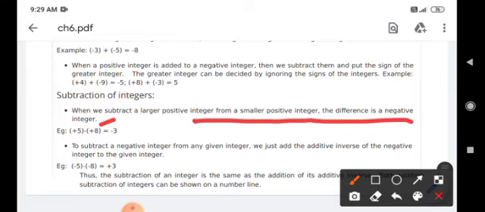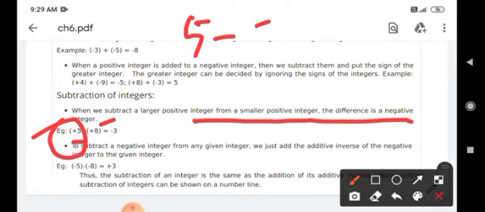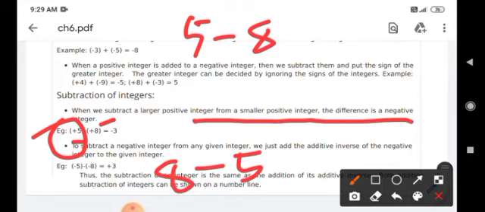Now 5 is small and 8 is greater, but we are subtracting the larger one from the small positive number. Is it possible to do 5 minus 8 directly? No, we have to do 8 minus 5. From the larger value only we can subtract.